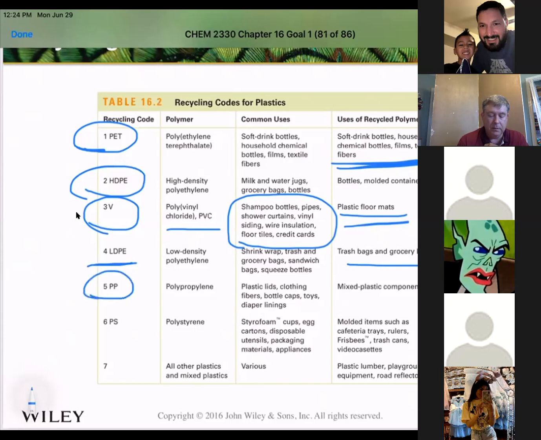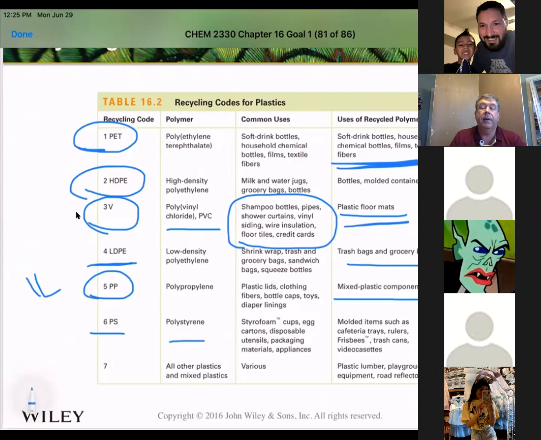Polypropylene starts out as propylene. It tends to be clear when you cool it down very quickly. So it's actually used in the clamshell packaging that you have at stores that are so hard to get into with the scissors. That tends to be polypropylene. And you can do those in multi-layers as well.